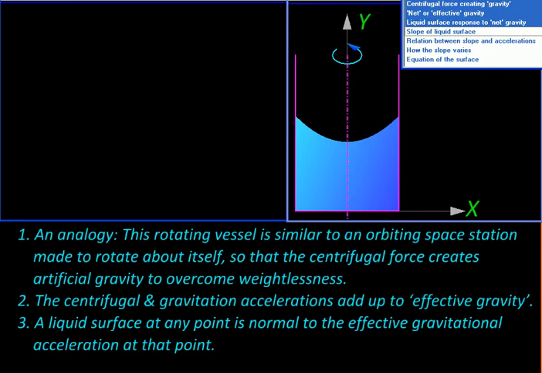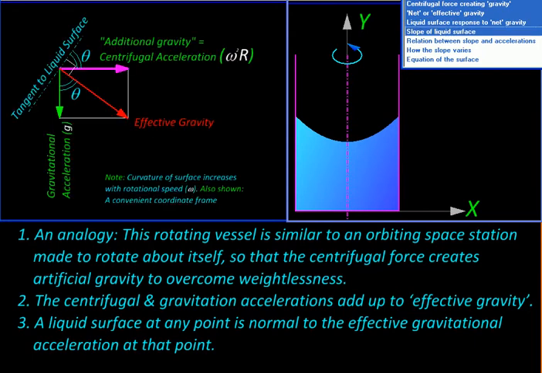Let us understand this with the help of a vector diagram. In this diagram, here we have Earth's gravity, the usual 9.8 meters per second square gravitational acceleration. And in addition to that, we have the centrifugal acceleration acting horizontally like this.